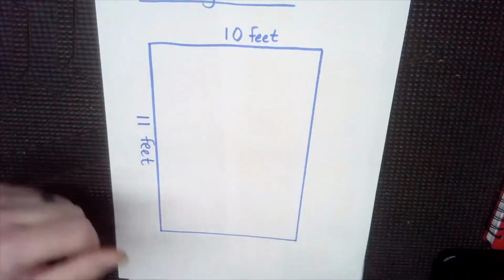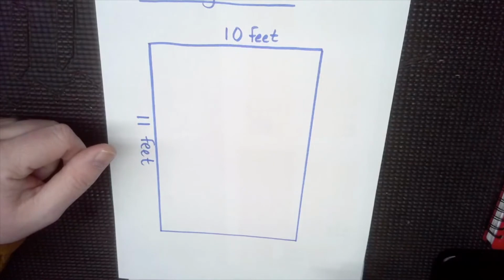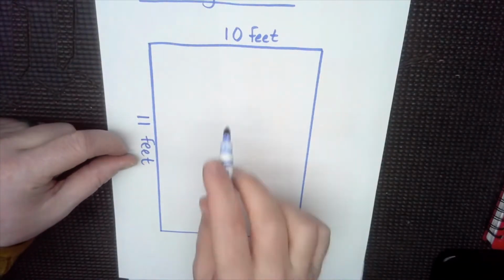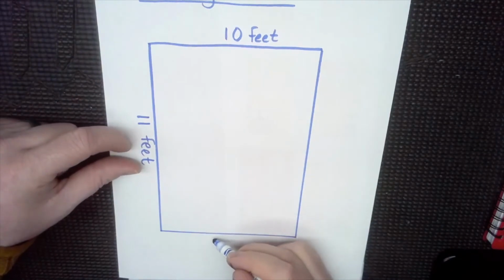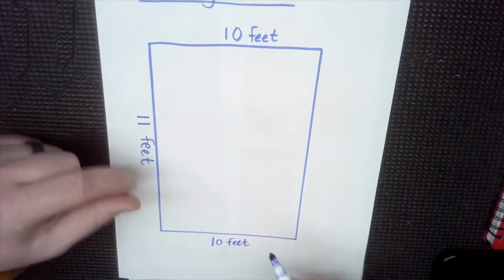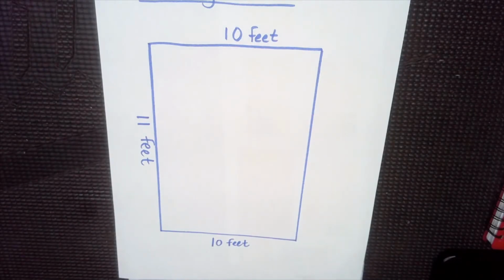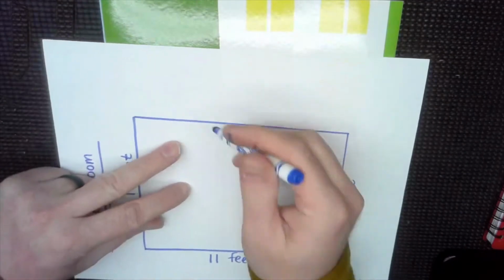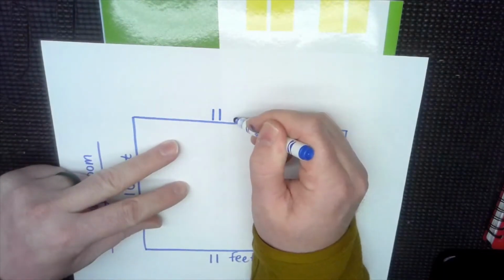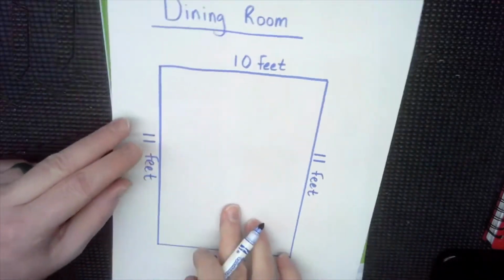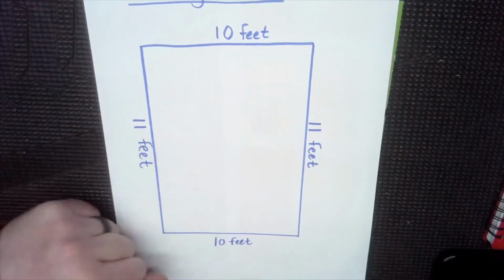So I want to figure out the perimeter first. So remember, opposite sides are equal, so I know if that side's 10 feet, I know this side is 10 feet. Since this is a rectangle, and I know that if this side's 11 feet, this side is also 11 feet. So I can label that. Now I can figure out the perimeter.